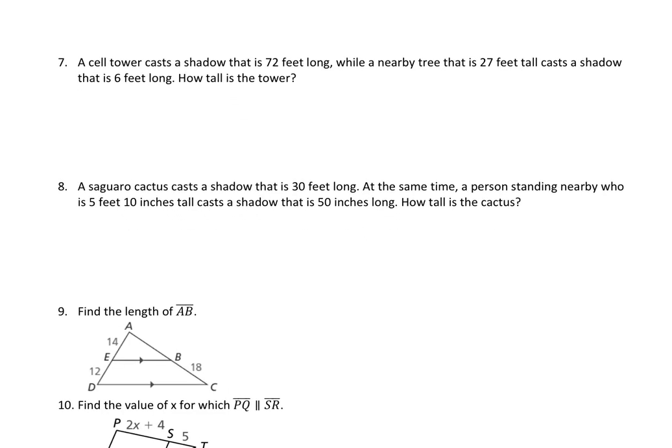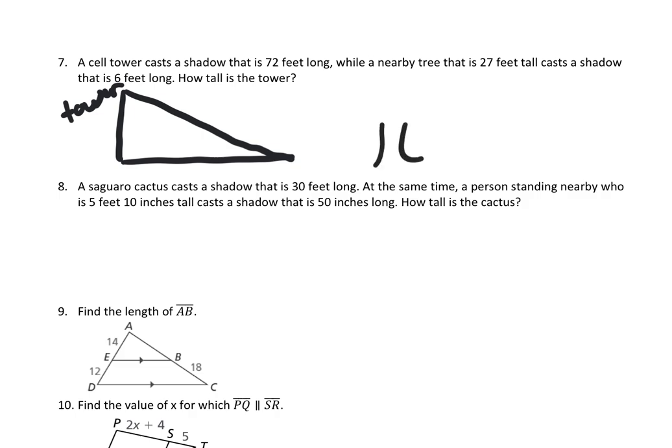All right, number 7. Okay, this is my tower, and then a nearby tree is also going to cast a shadow at the same time. Okay, label things here.